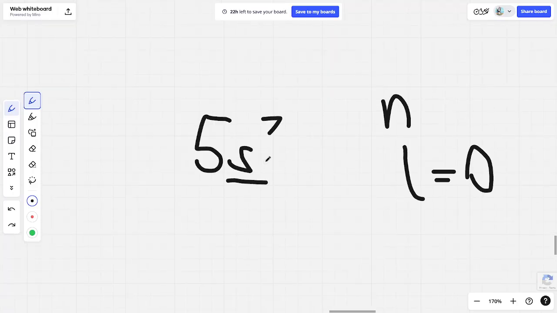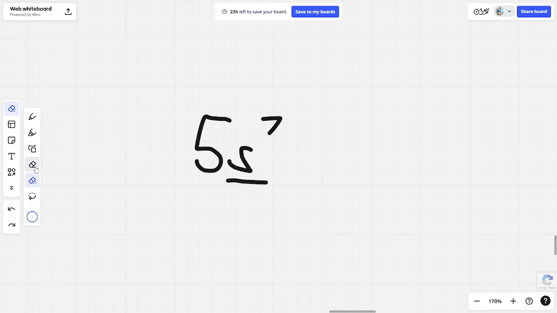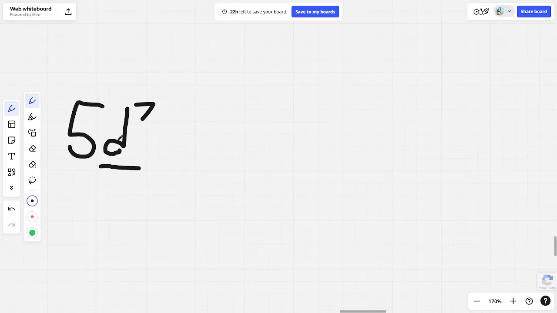Wait a minute. Sorry, I did not mean s. I meant 5d. There we go. So d corresponds to L equals 2.